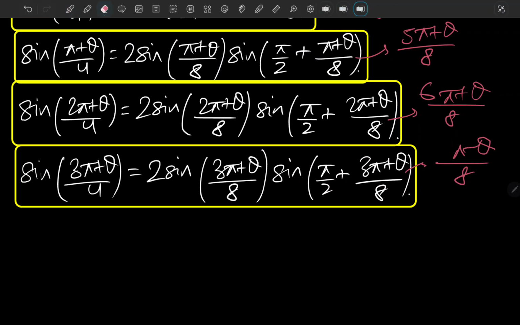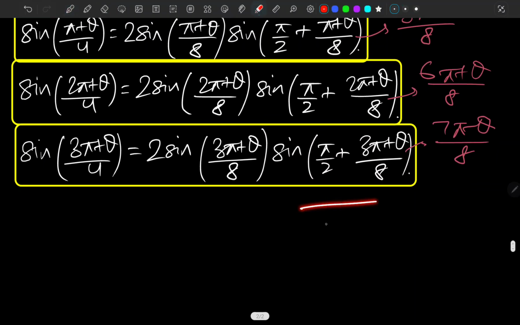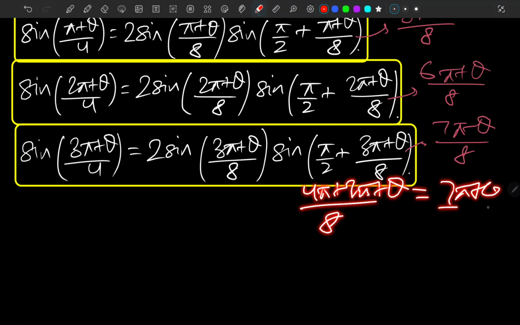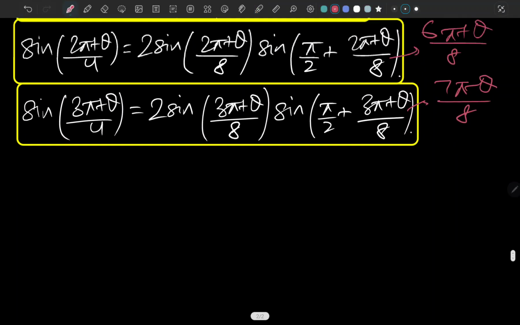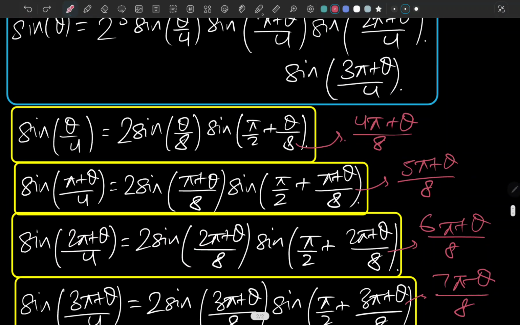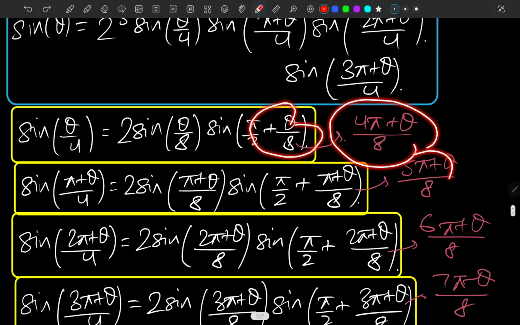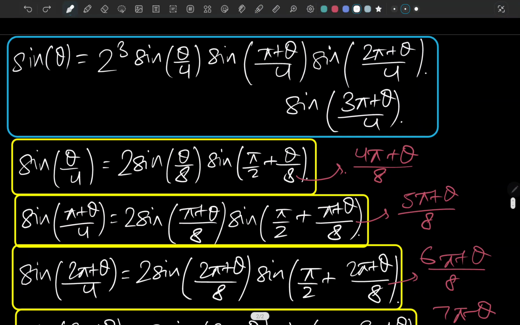It's quite guessy. Let me check once more: it's 8 and 4π + 3π + θ, so it's (7π + θ)/8. Yeah, it's fine. Now we can replace this argument with these things and plug them back into this equation.